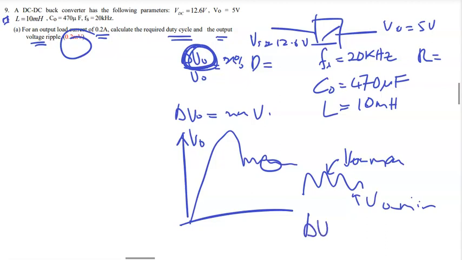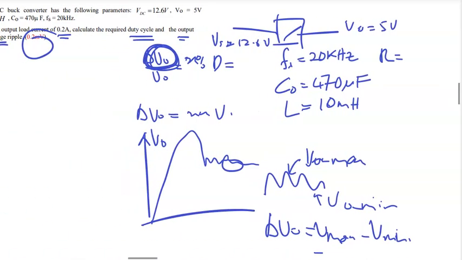So delta V out is equal to V max minus V minimum. So this is your ripple voltage.